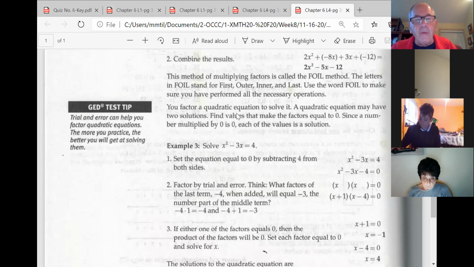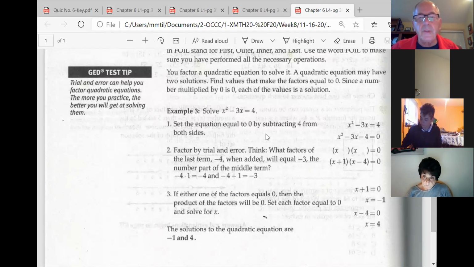So it gives an example down here. Here's the quadratic equation. You go in, find the roots of this. It ends up being x plus 1 times x minus 4 because you put it into x squared minus 3x minus 4 is equal to 0.